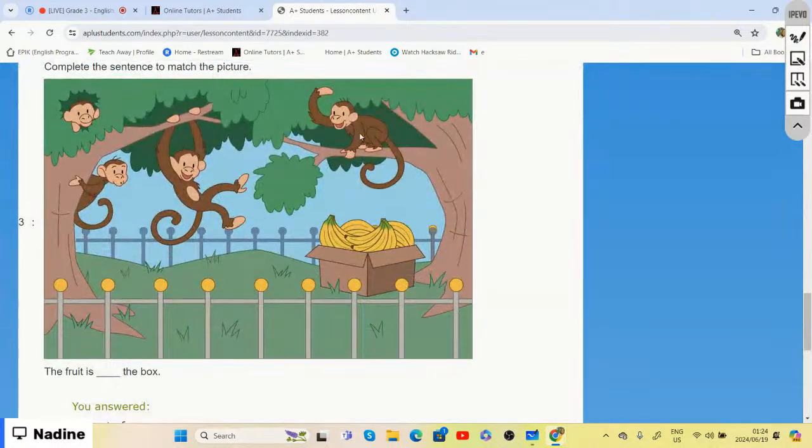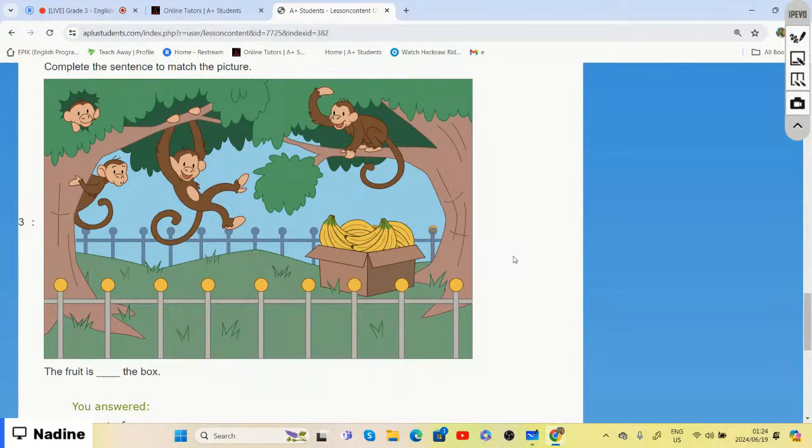All right, and now let's look at where this box of bananas is. It says the fruit is in the box. The fruit, which is the bananas, is in the box. Where specifically are they when it comes to the box?